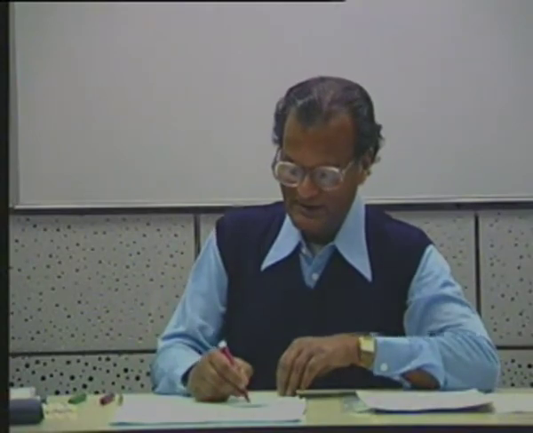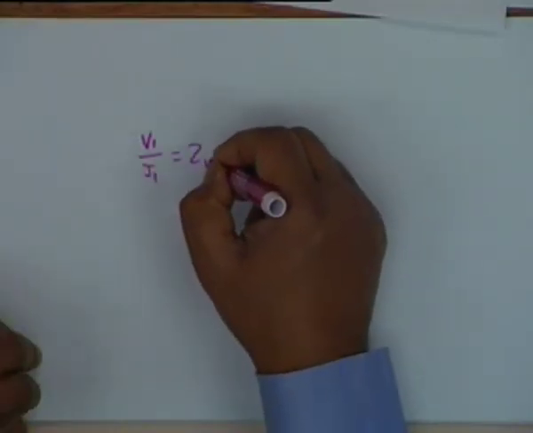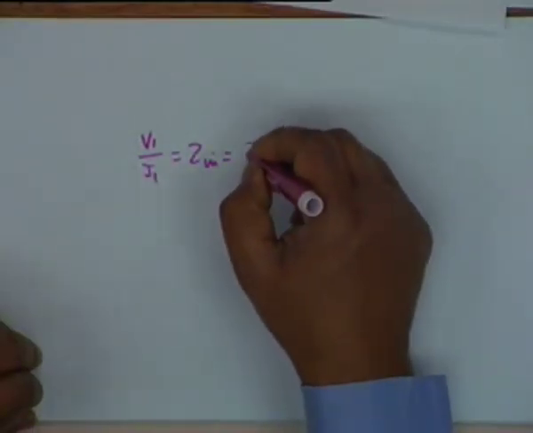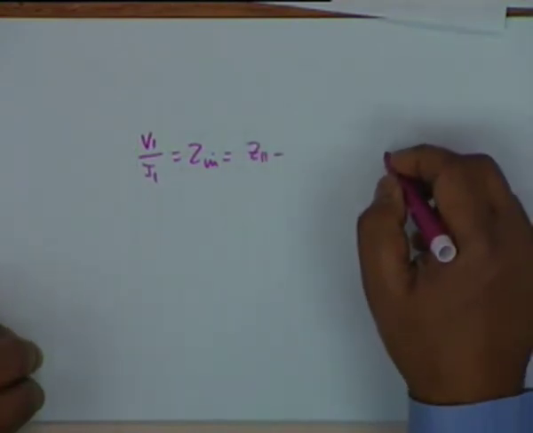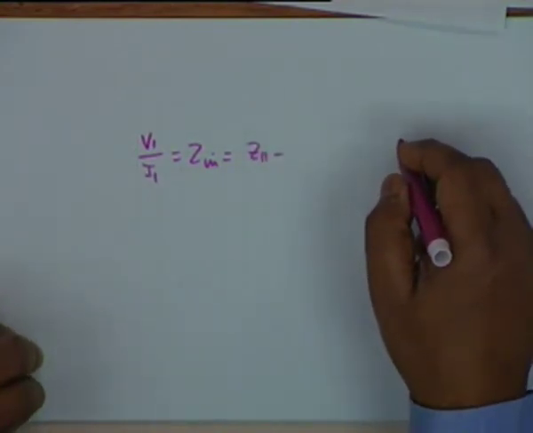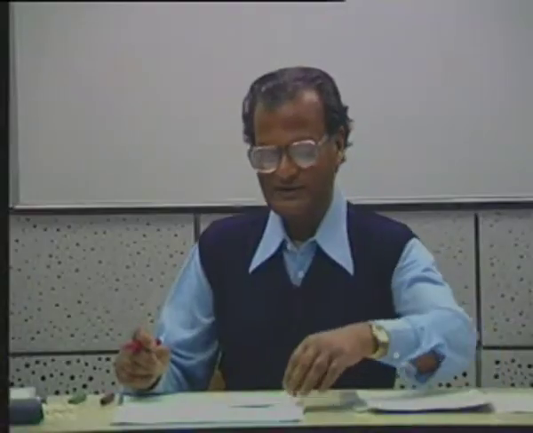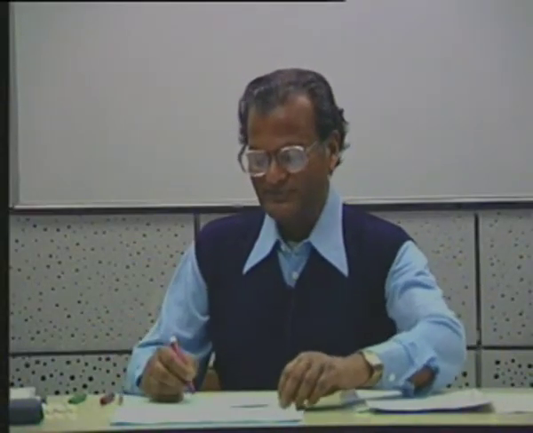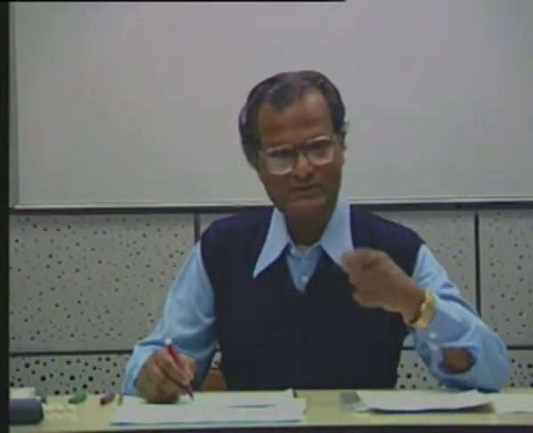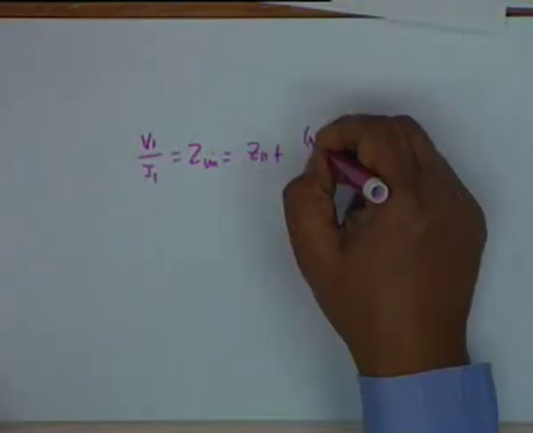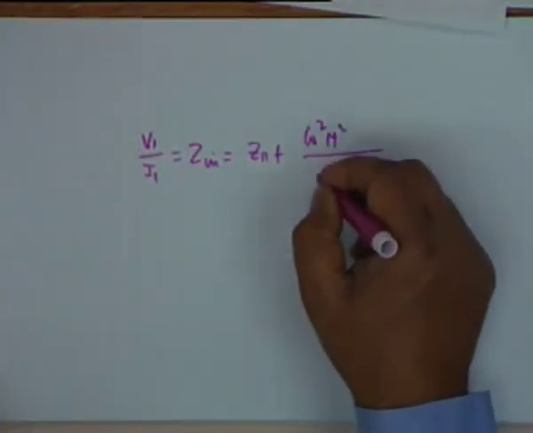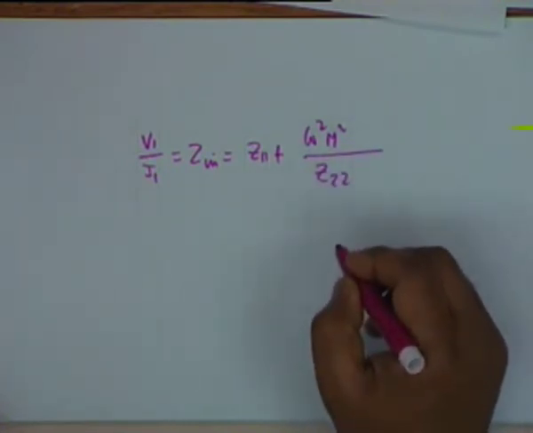Can you tell me what this relationship shall be in this particular case? We call this Z in, Z11 minus, what is Z12 in this case? J omega M, and therefore minus j squared omega squared M squared would be simply omega squared M squared divided by Z22.